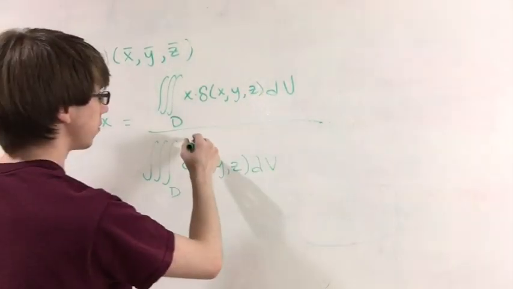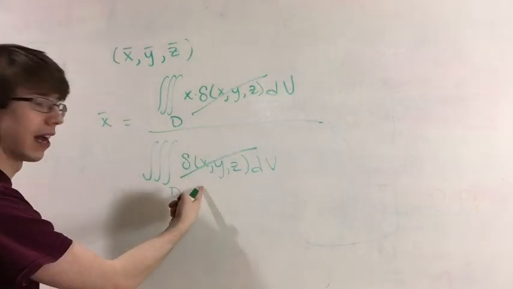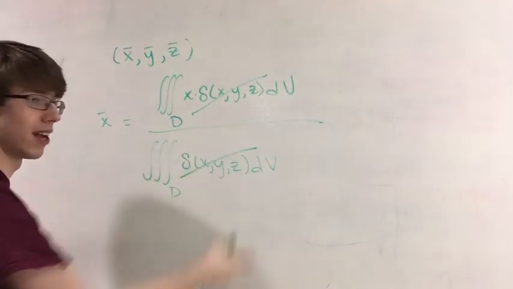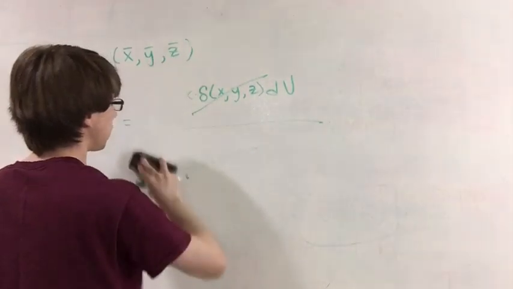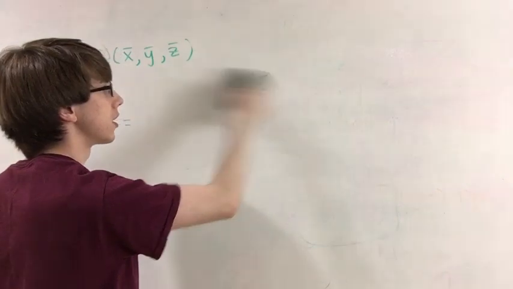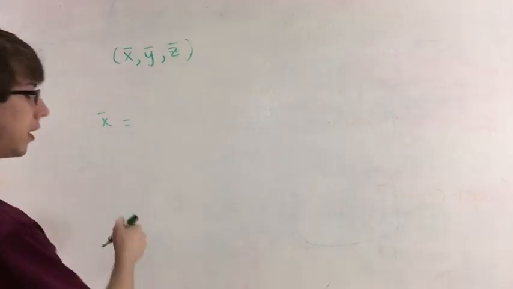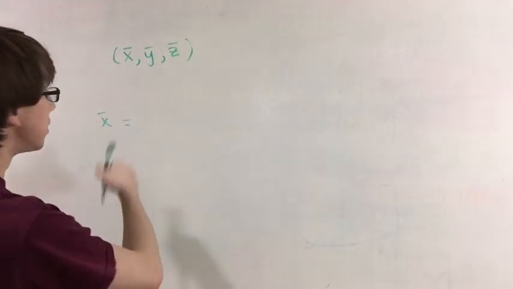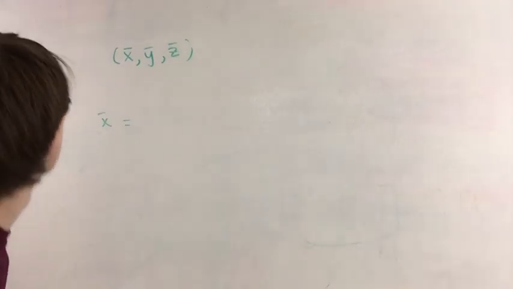Now, you can't just cancel that, because this is a function with respect to x, y, and z, so you can't do that unless it's 1. Unless it's a constant, because then that constant can be pulled out. And so therefore, you don't even need to worry about it. Right? So there's that. And it's the same thing with y, z, except replace the x with y and z, respectively.